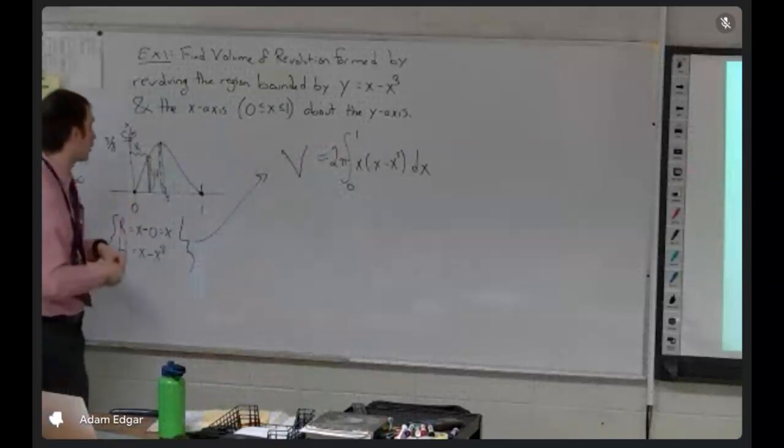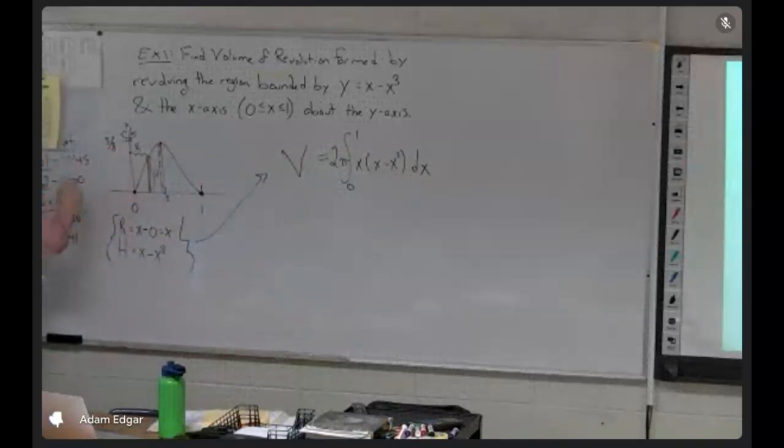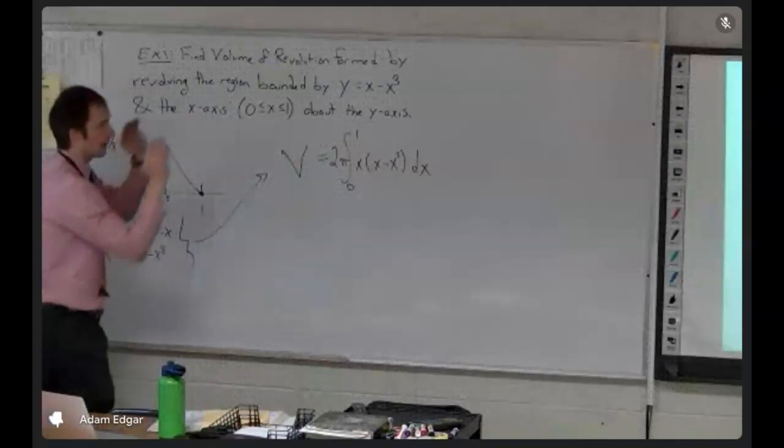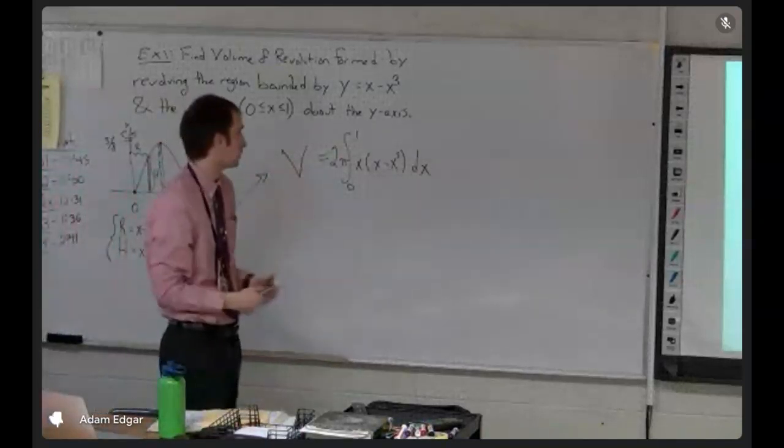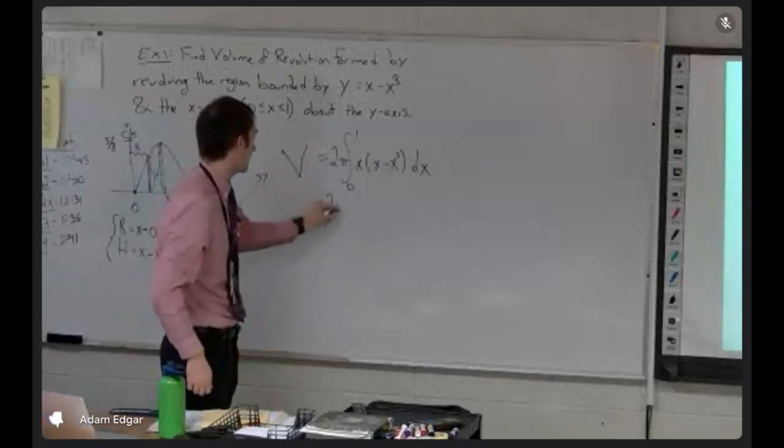You would say, I'm doing shells because doing washers would be awful. I find my radius, that's the distance of your representative rectangle from the axis of rotation, that's just x. You find the height of the rectangle, that's the height of the curve, x minus x cubed, and then you put that into your formula. You just got to know, what's my formula for shells? And once you've got that, you're on your way.